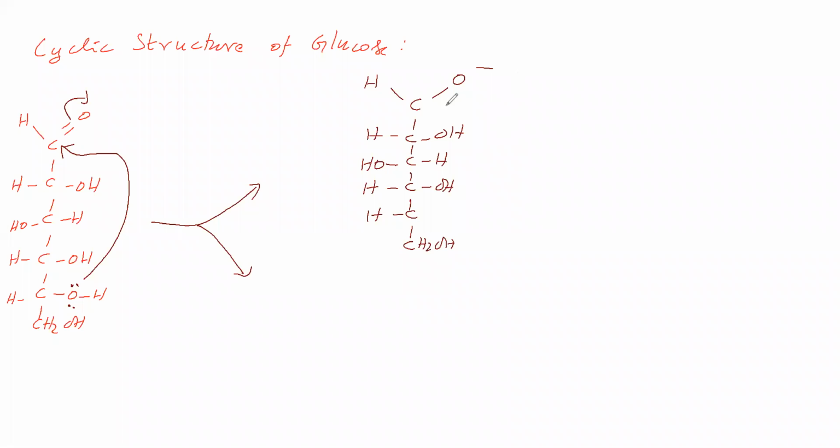So now we will give OH here. It is linking with this carbon through oxygen. It is called an ether linkage. Now in this one, one ether group is there and one OH group is there. This carbon is having one ether group and one OH group.